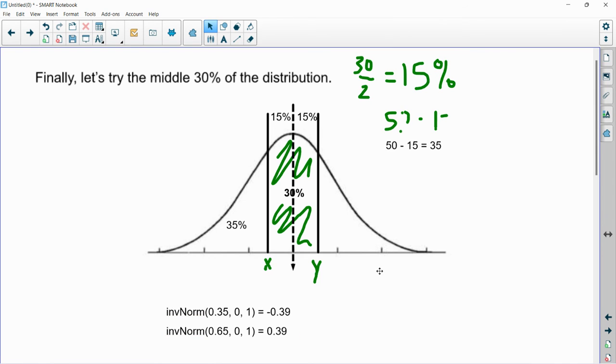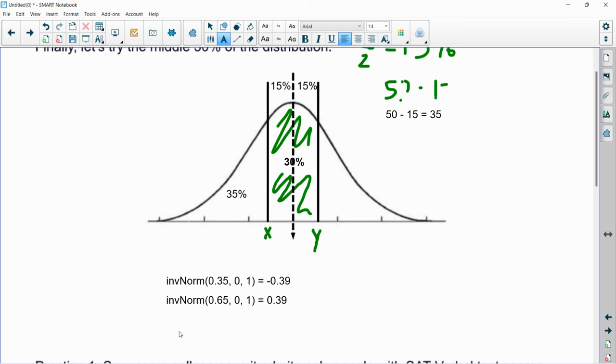So now the thing is, here our z-score isn't a single value. We want to know where the middle 30% is. So we need to use both of these z-scores. So when we write our answer, we can say middle 30% is, and then we can show it as an interval.